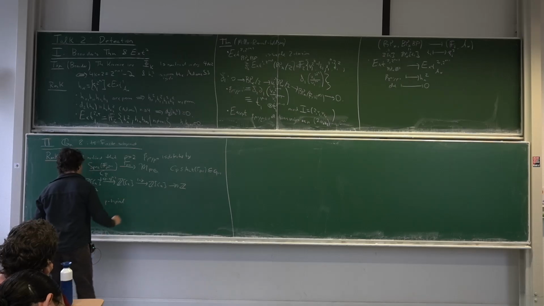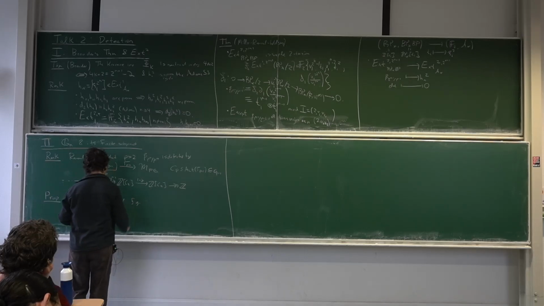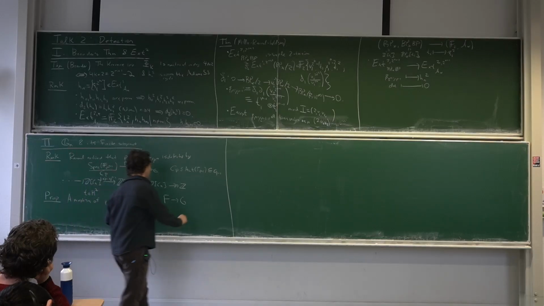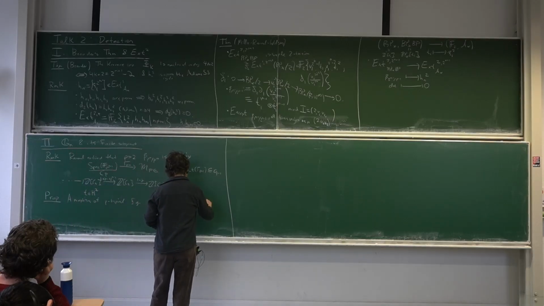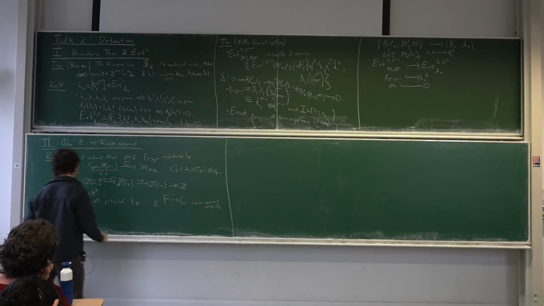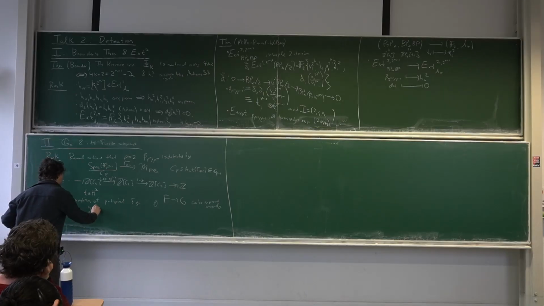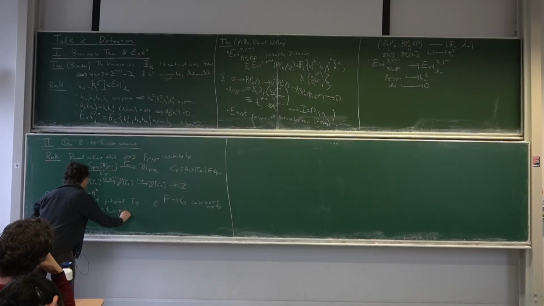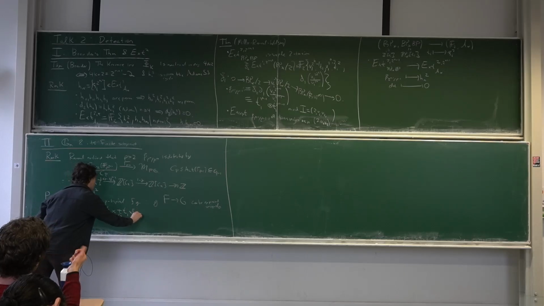If I have a morphism of p-typical formal groups, say g from F to G, then this can be expressed uniquely in the following way. So g is a power series, and it can be expressed as the following formal summation.